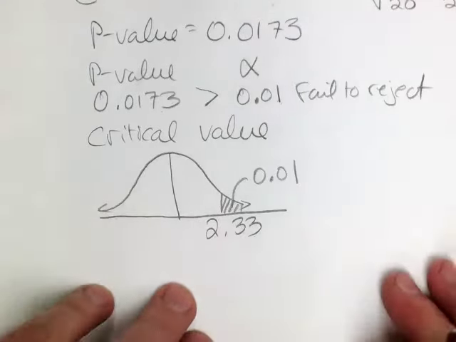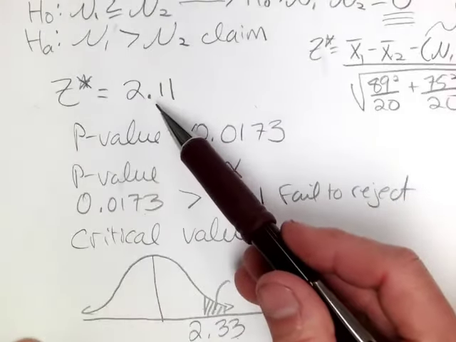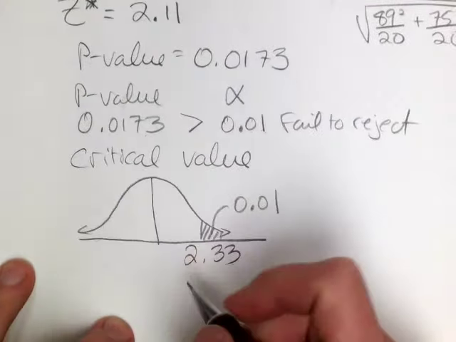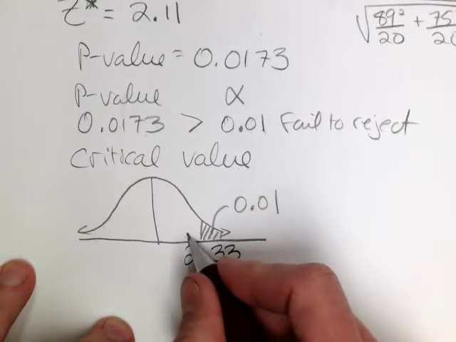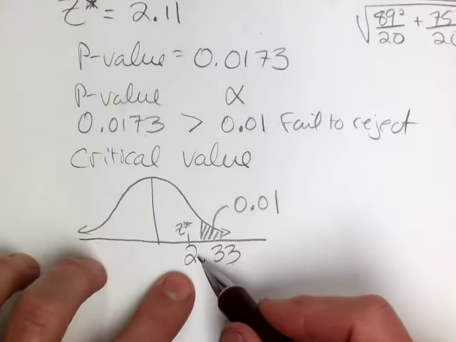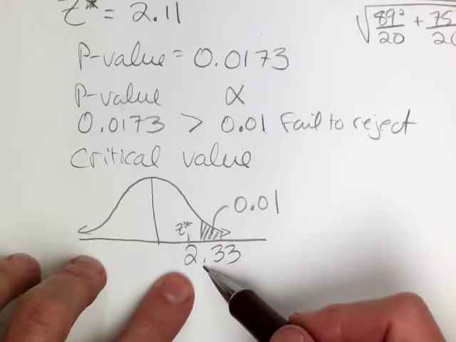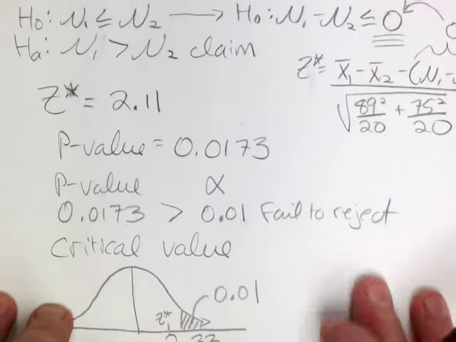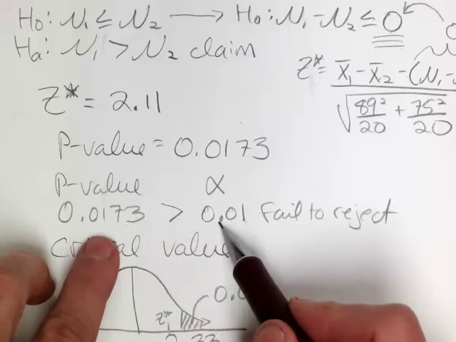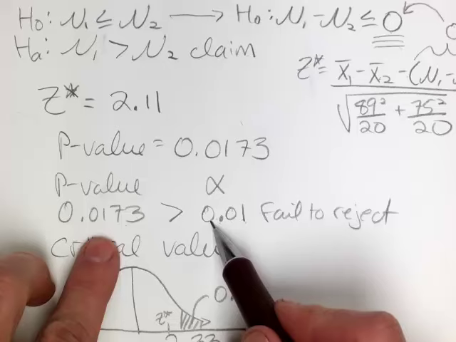Okay, so looking at our standardized test statistic of 2.11, we're in the fail to reject region. But we're somewhat close. The test statistic of 2.11 is reasonably close to 2.33. So look at our p-value versus our level of significance. These are somewhat close in value.